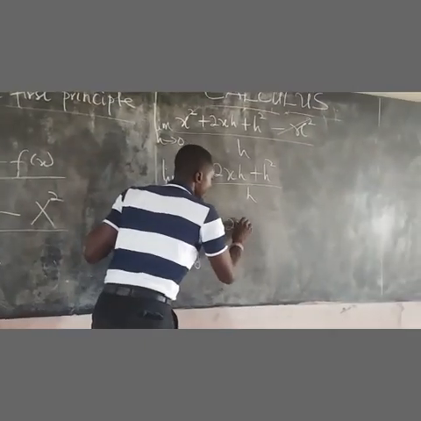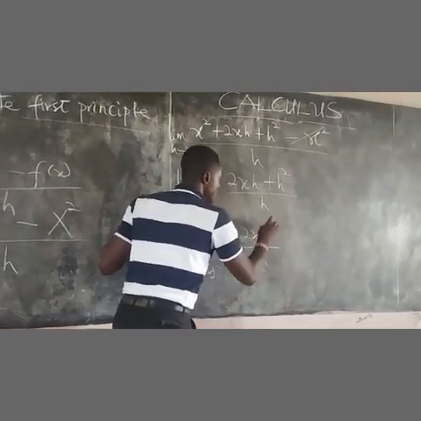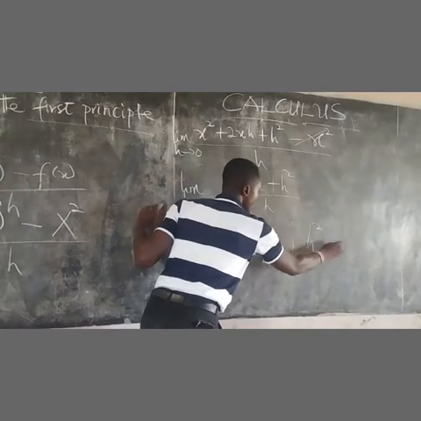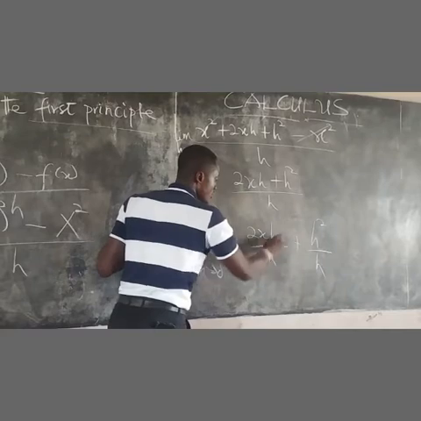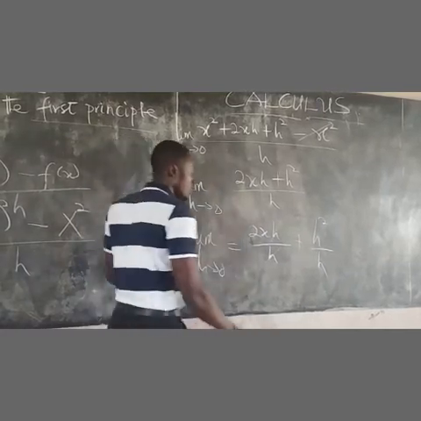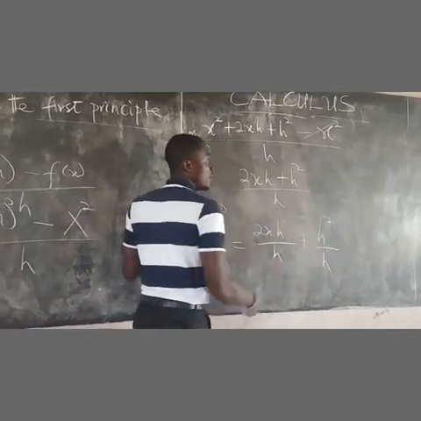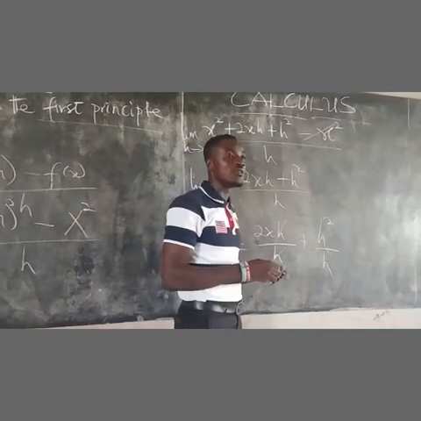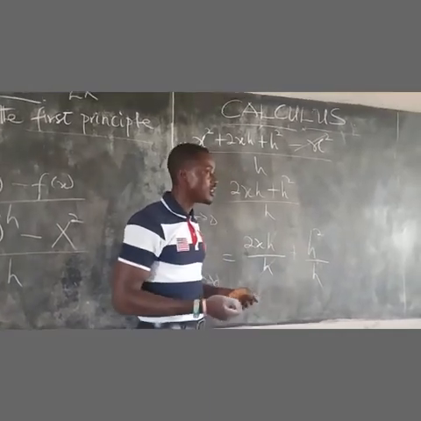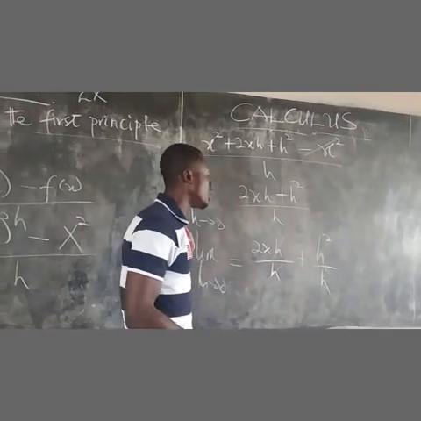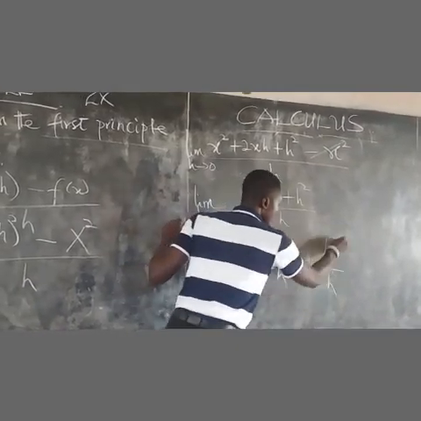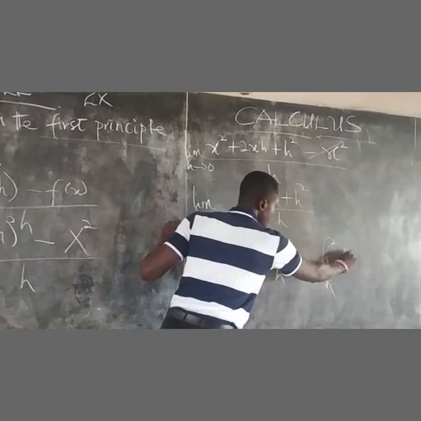So 2xh divided by h plus h squared divided by h. This h will cancel this h. This h is exponent 1. By the laws of indices, if you have the same base, dividing, you subtract, or you find the difference between the exponents. So this goes into this h.